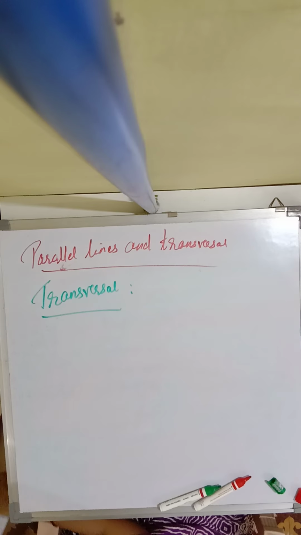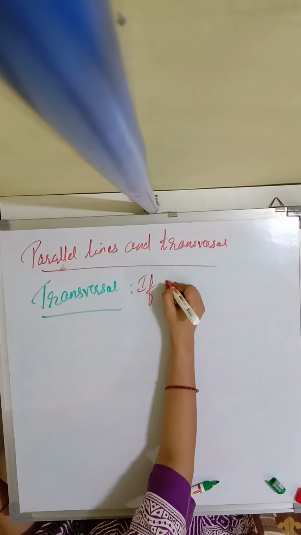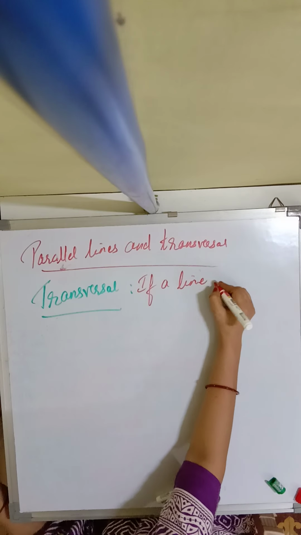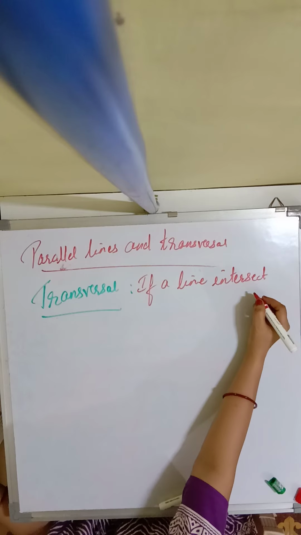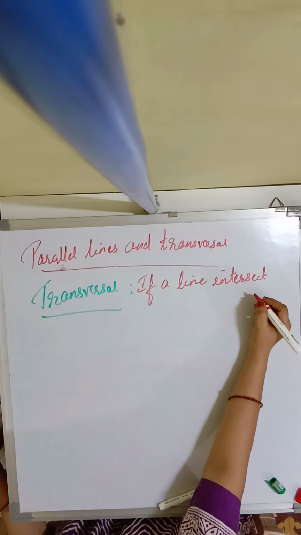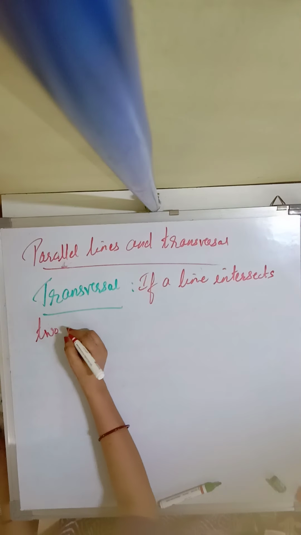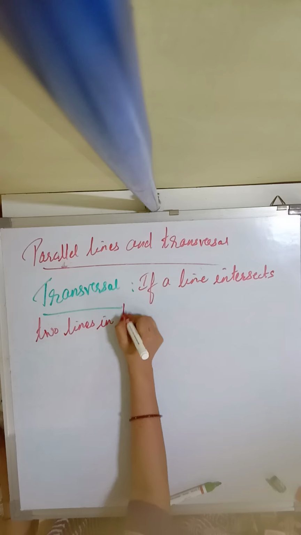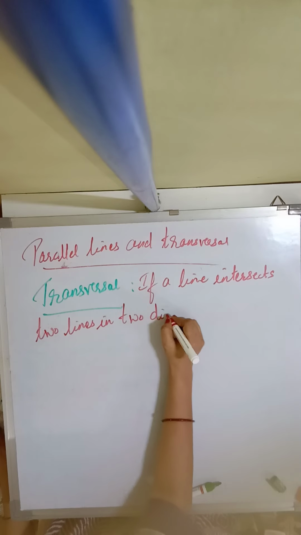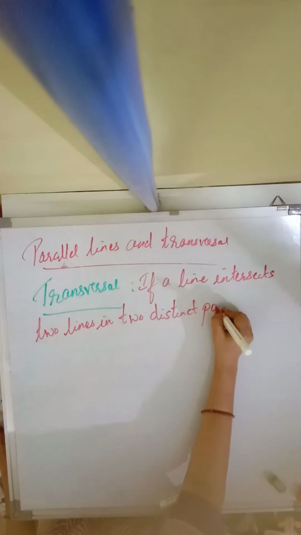First thing, write down, that is, if a line intersects two lines in two distinct points.